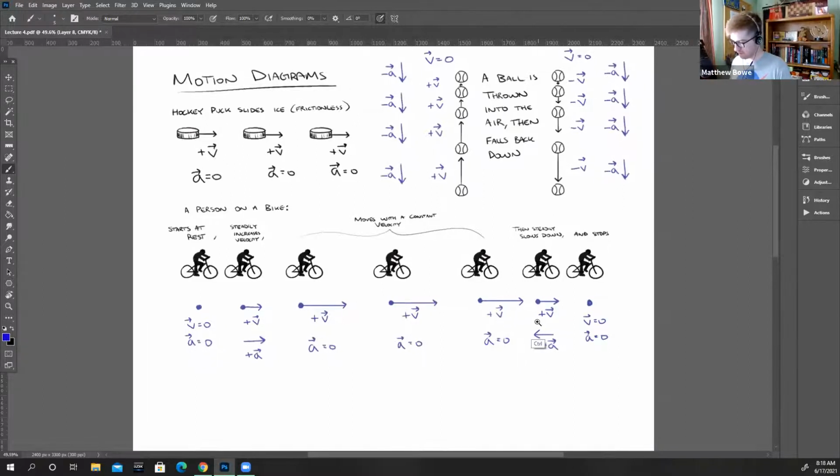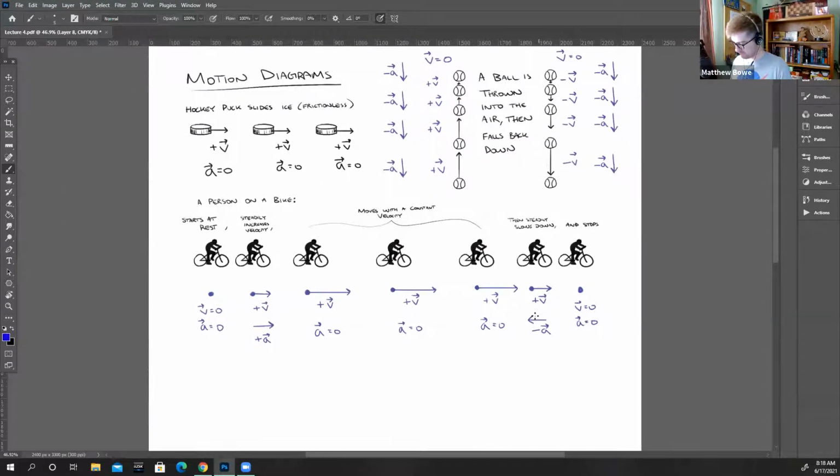Okay, so we have this new kind of intuition. I have up here constant acceleration downward. What if we want to look at that a bit more? Let's look at motion with constant acceleration.